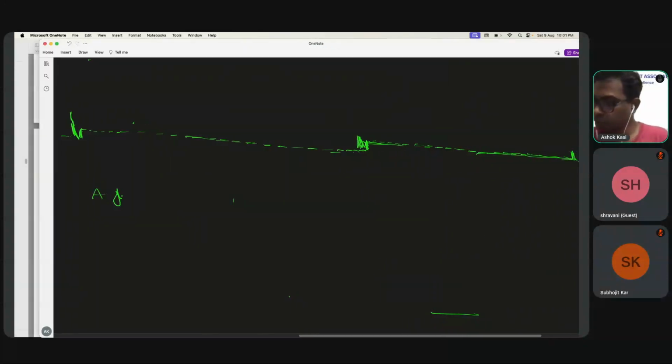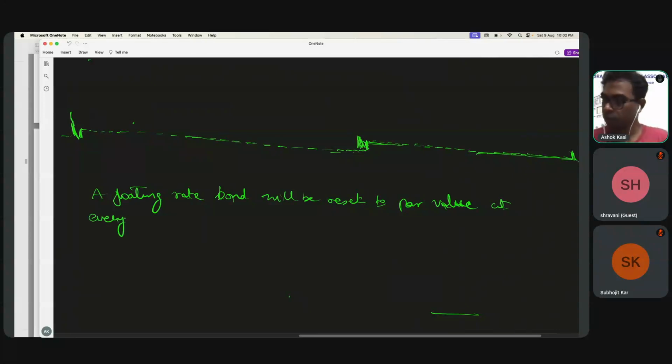You can note down this point: your floating rate bond will be reset to par value at every reset date.